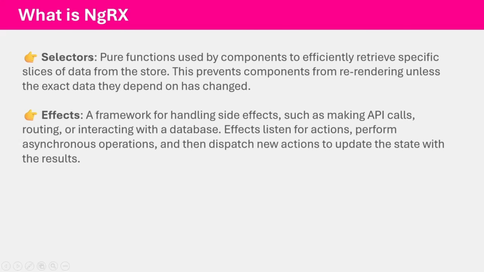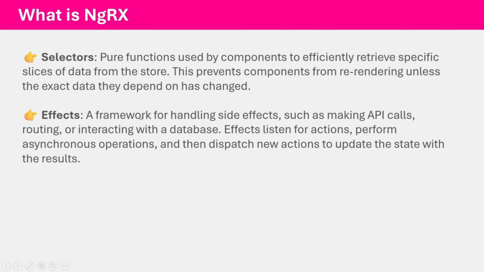It is not interested in the order state or the user state. So a selector helps us select only a specific state from the store, and this prevents the component from re-rendering unless the exact data it depends on has changed. Now, this statement might not make sense right now, but you will understand it practically in our coming lectures.